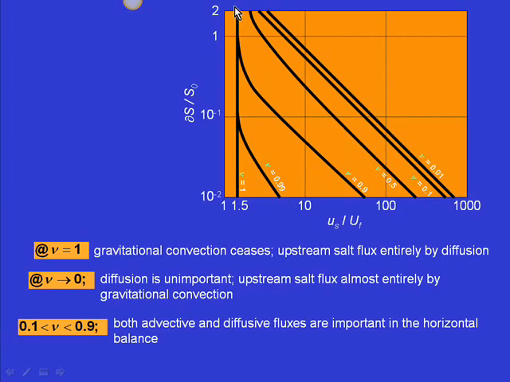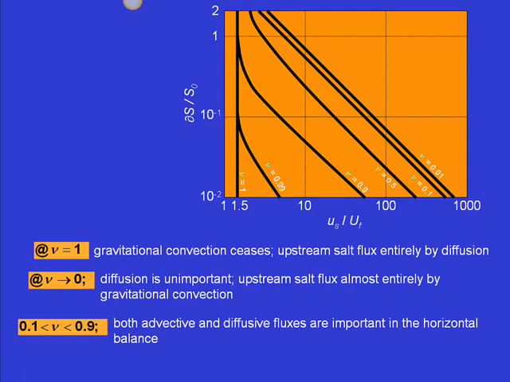So think of a very strongly stratified system with strong tides that are not able to mix the water column, that keep it stratified. And so in such a way that the mean flow might not be as strong as a gravitational circulation, but the salt flux is produced by convection, by the gravitational circulation.